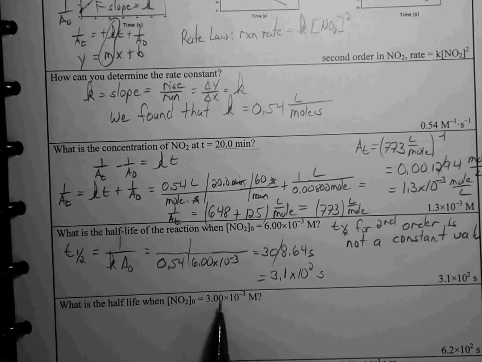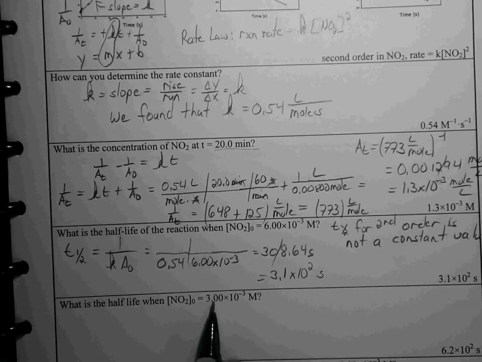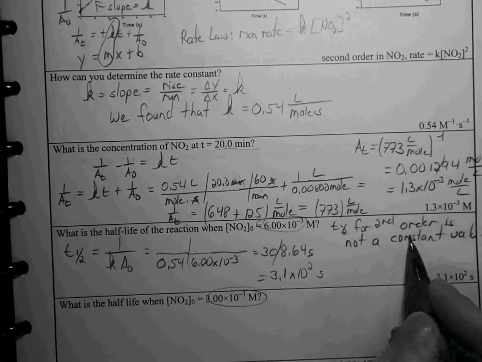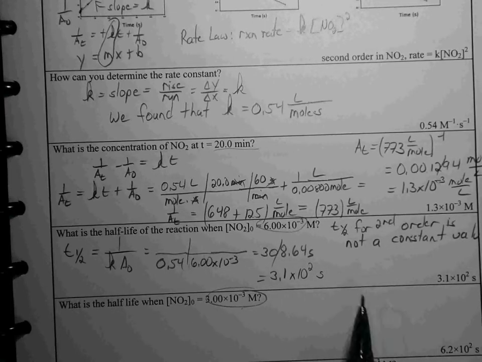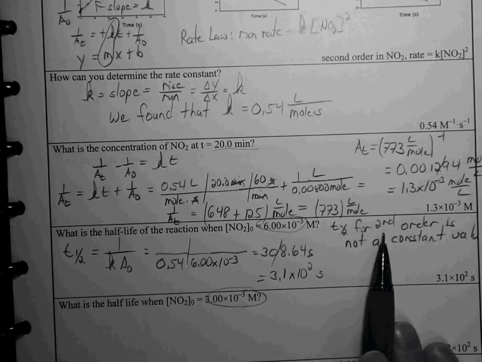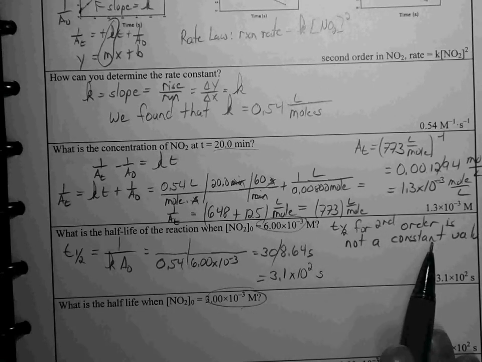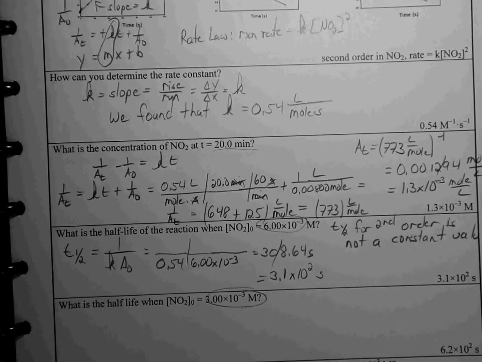We're going to calculate the half-life at a different initial concentration, primarily to reinforce this fact: the half-life for a first order reaction is constant, but for second and 0th order reactions they differ. They depend on the initial concentration.